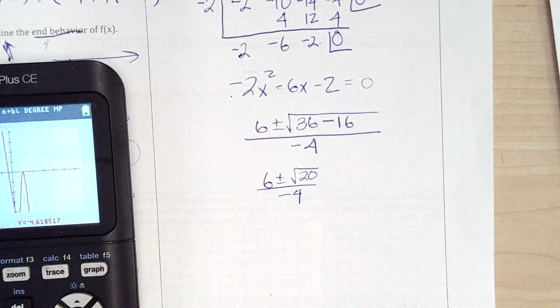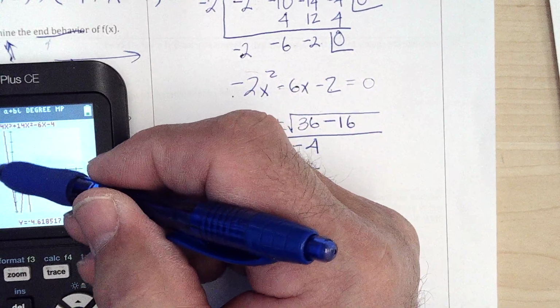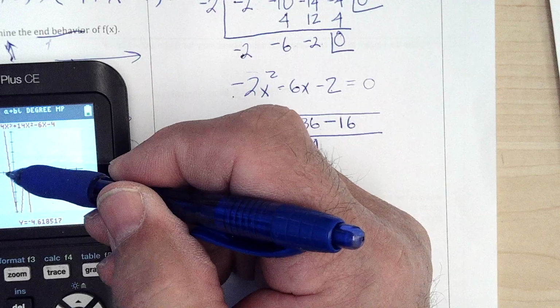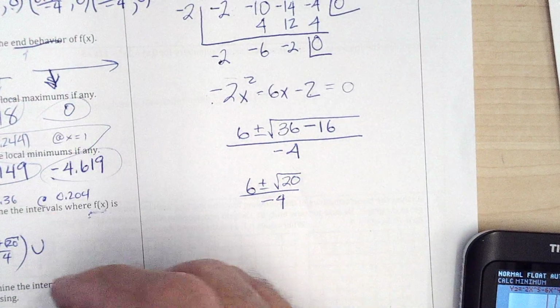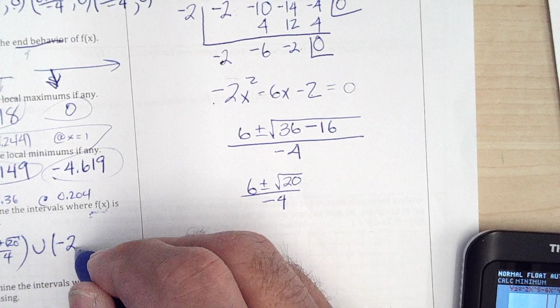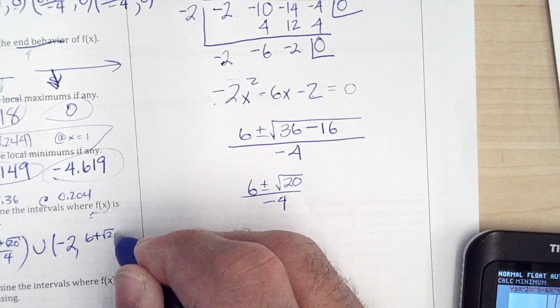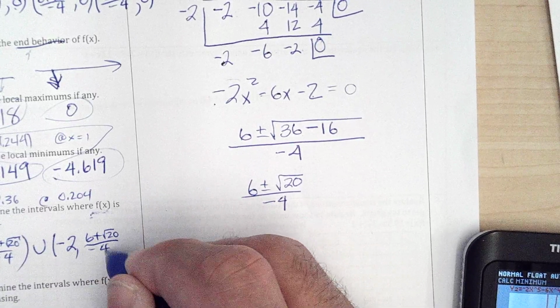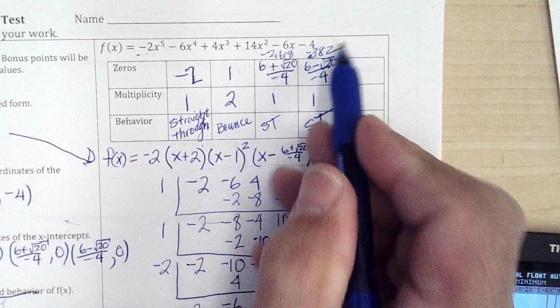And then it goes negative, and then it's positive starting at negative 2 and ending at that other irrational 0, from negative 2 to 6 plus the square root of 20 over negative 4, or you could have used the negative 0.382.